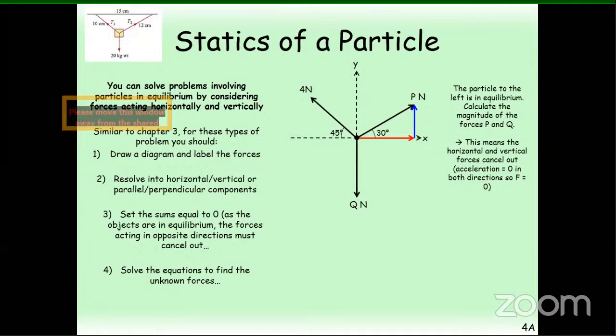Meaning the horizontal is the adjacent, so it will be P cos 30.